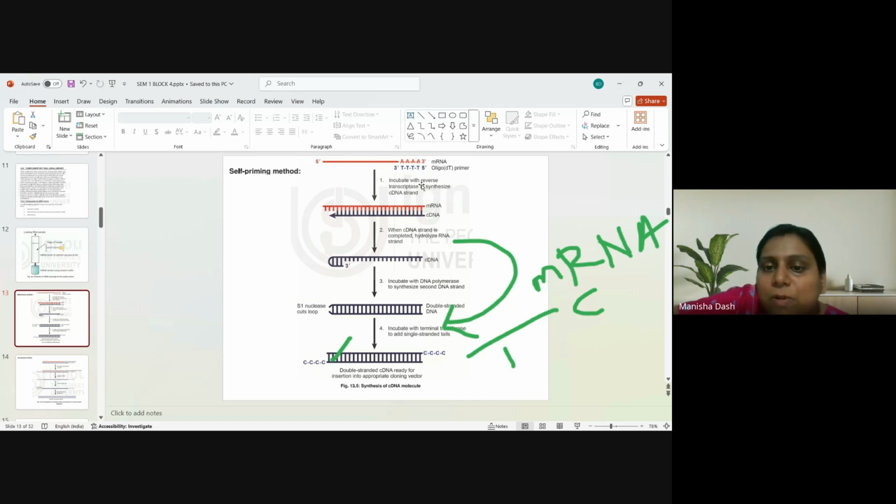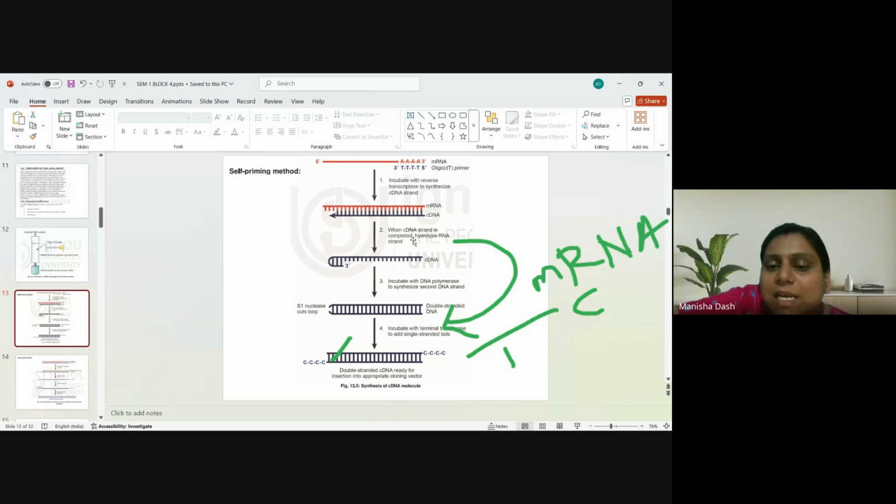Now this mRNA is trapped here, so you can incubate it with the reverse transcriptase enzyme. The reverse transcriptase uses the mRNA as a template to synthesize a copy of DNA. So the complementary DNA, or cDNA, is synthesized opposite to the mRNA strand.